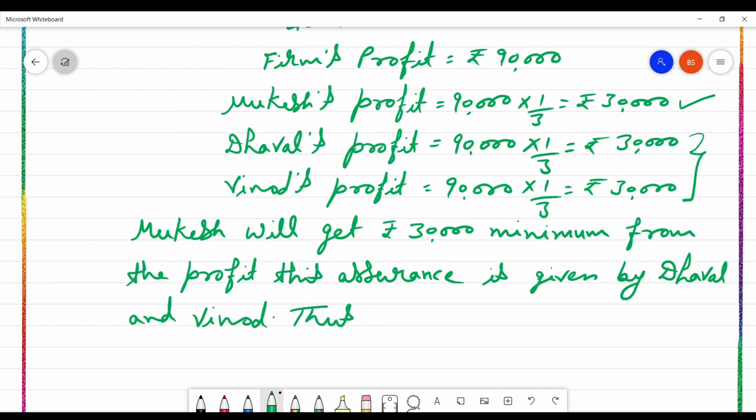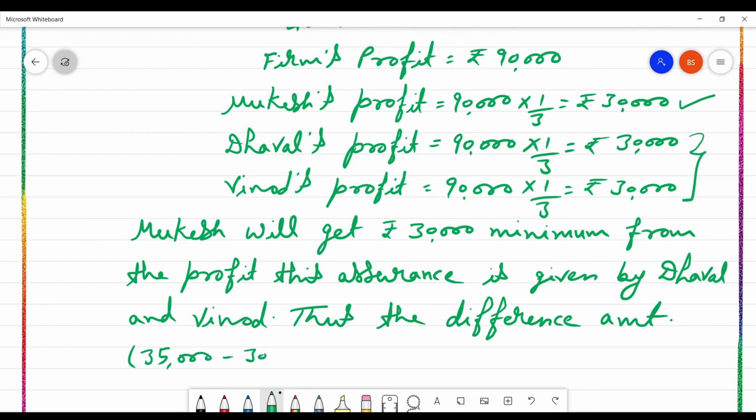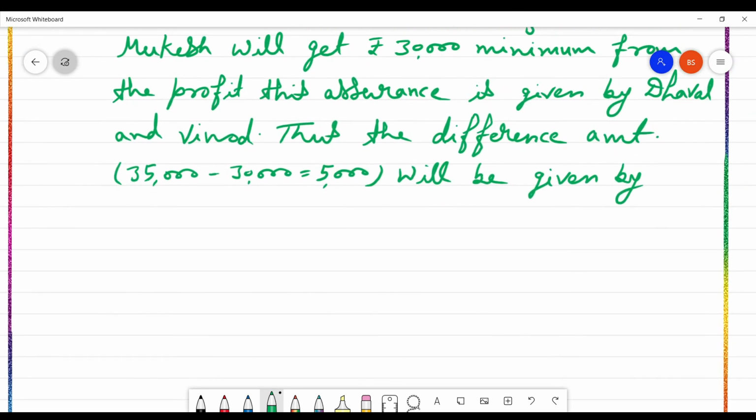Thus, the difference amount, 35,000 minus 30,000 equals 5,000, will be given by Dhaval and Vinod in their P&L ratio.